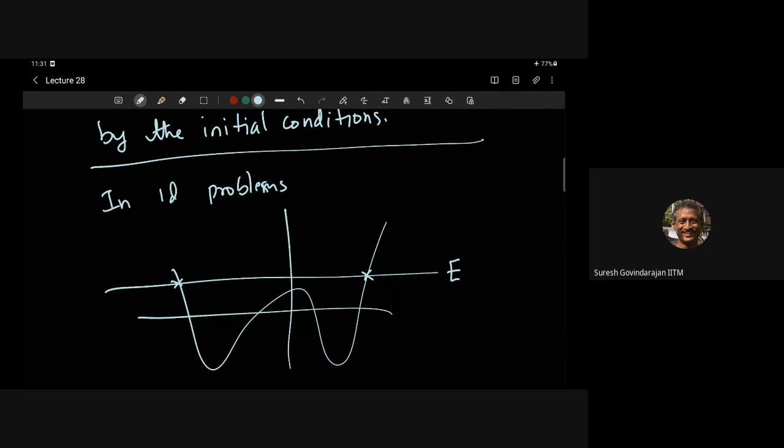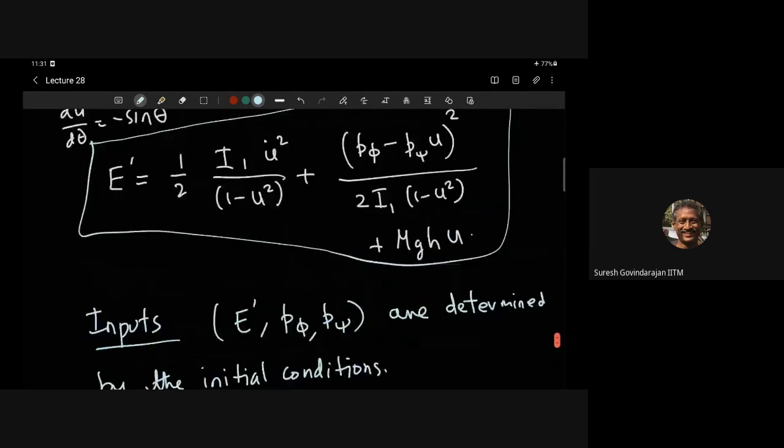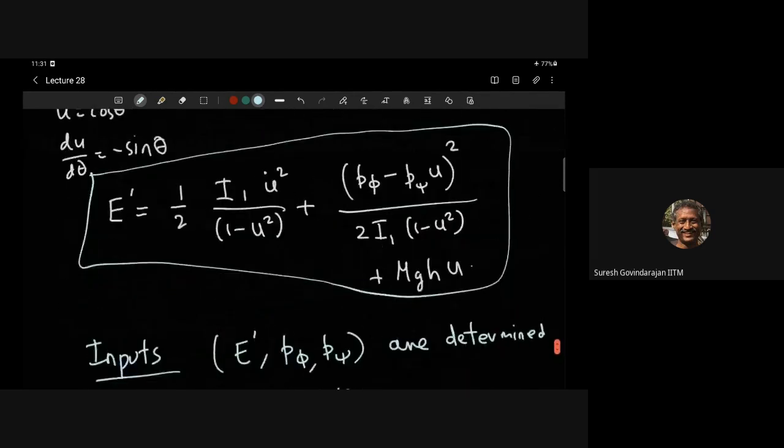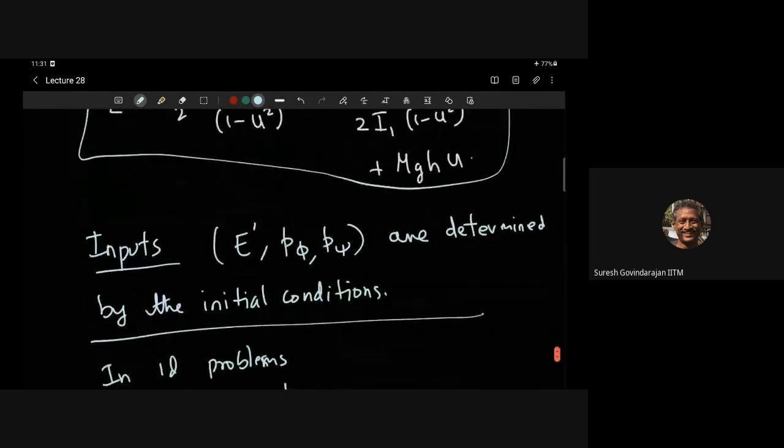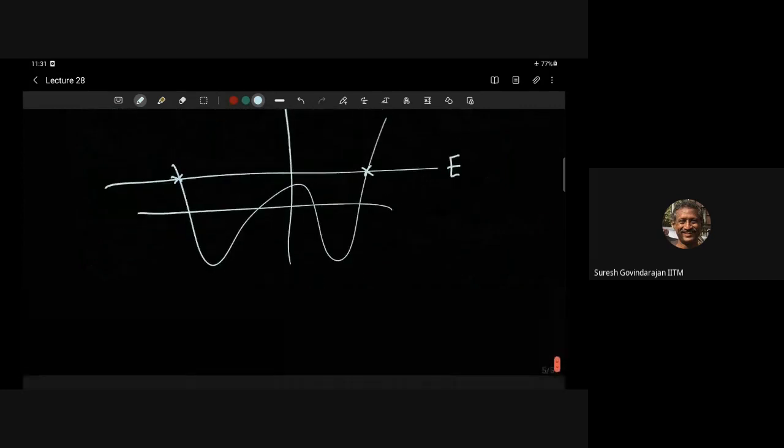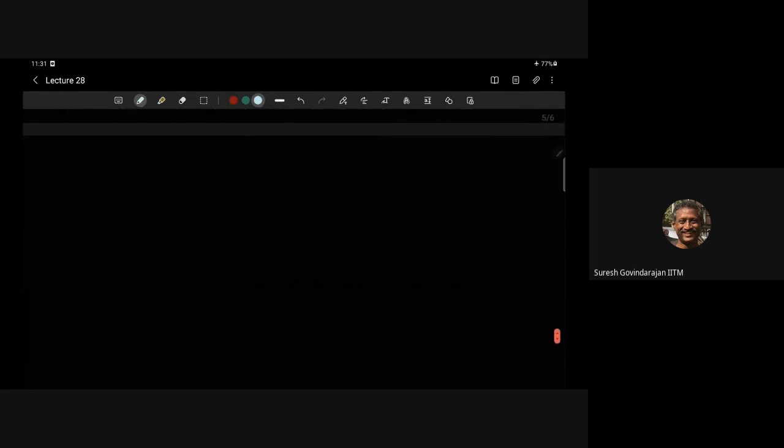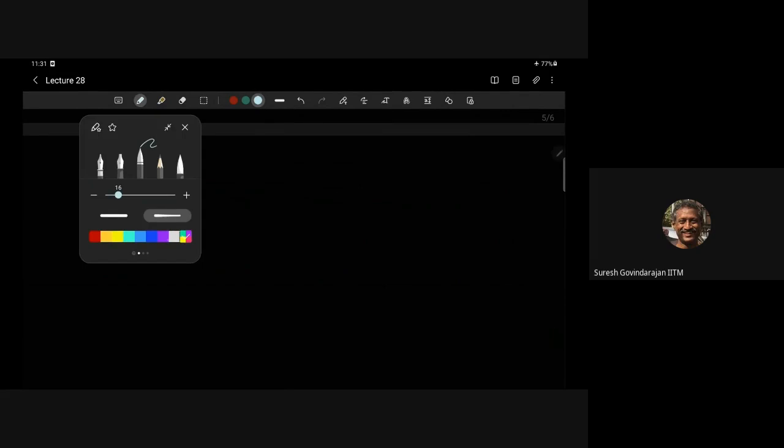But we can also do the simple thing, which is the formal integration, where E prime is given here. Formal integration in the sense that the integration may not be simple, but we can do it.